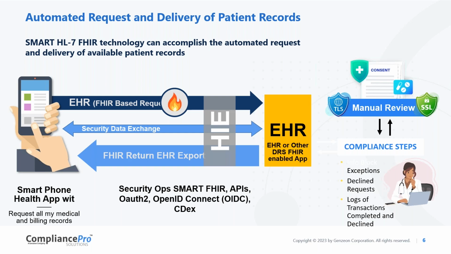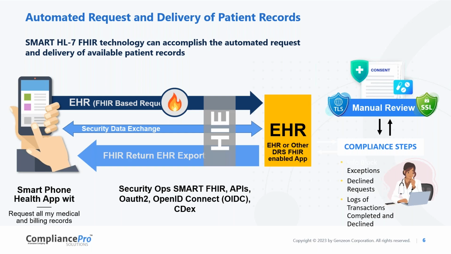Identify the patient, the security part of the equation of this interface back and forth happens, and then eventually the EHR composes and exports the electronic health information, the EHI, asked for by that device. That's what that graphic is showing.